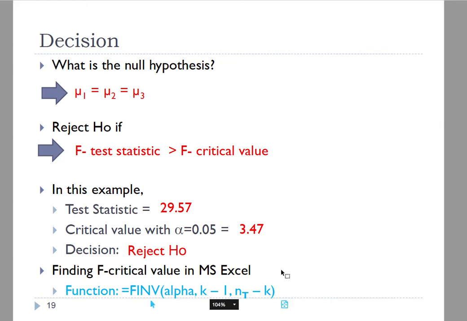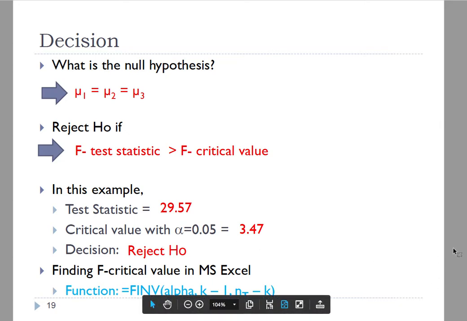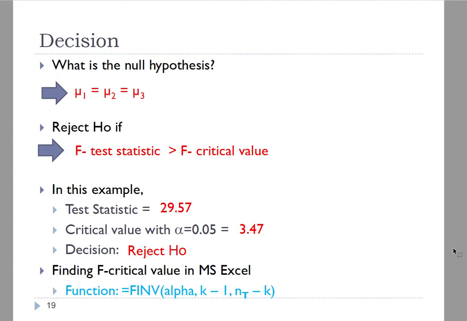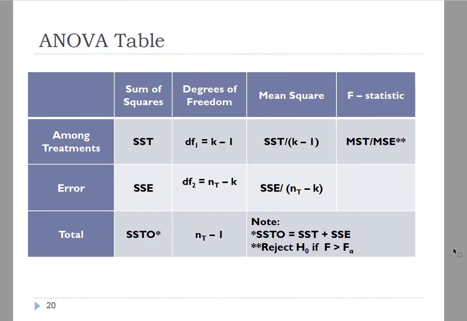This is the function that you're going to use right here. You just kind of plug and play, or with the Excel spreadsheets that have been set up, you can just copy and paste into the Excel spreadsheet, and it should do it for you as well. All right. So once again, this is our ANOVA table. This is what it looks like. You should be familiar with this.